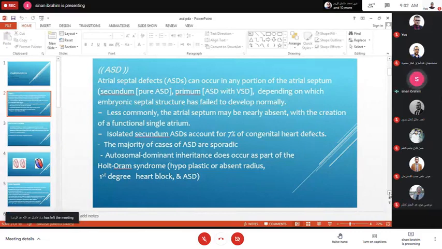The first type will be the secundum ASD, and this is the most common type of atrial septal defect, constituting about 70 to 80% of atrial septal defect, while the second type will be the primum ASD, constituting about 20 to 25% of the types of atrial septal defect, and the third type, which is rare, called sinus venosus ASD.